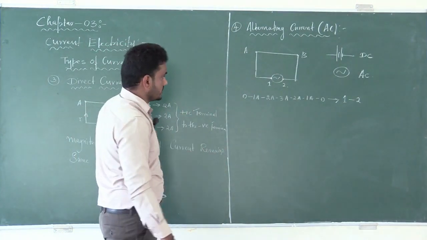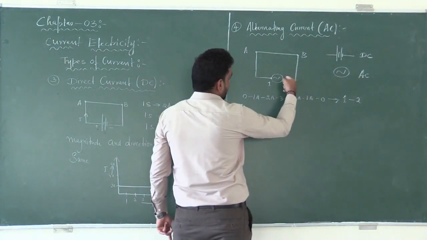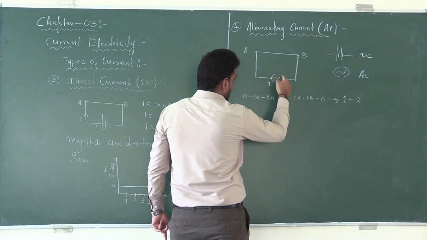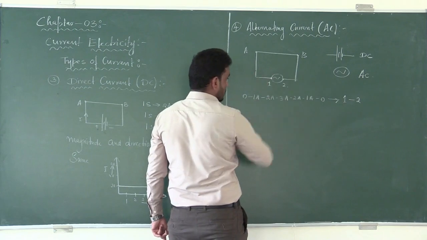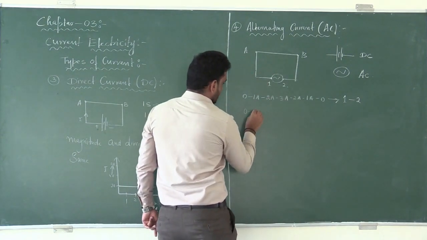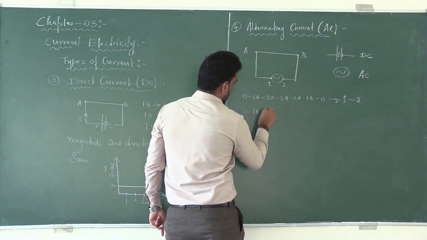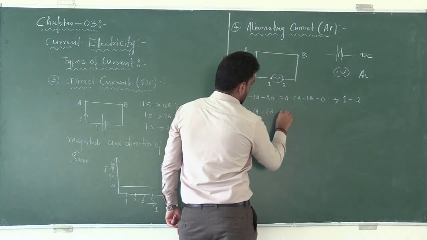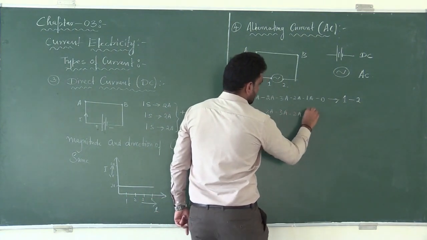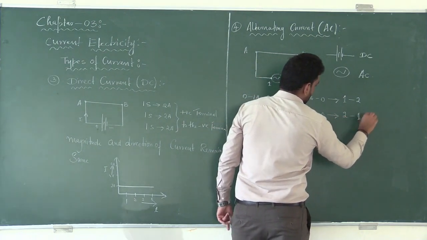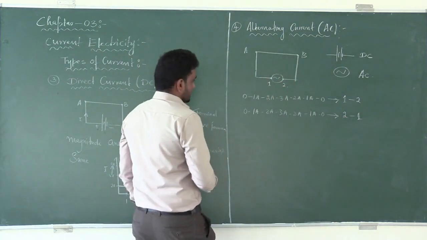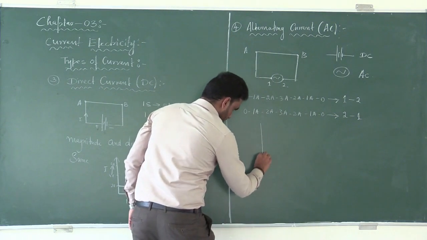In the next half of the cycle, the current starts flowing from the second end of the AC source to the first end. There also the same thing: 0, 1 amp, 2 amps, 3 amps, 2 amps, 1 amp, again 0, but the direction is 2 to 1. Then what is the graphical representation? Like this.